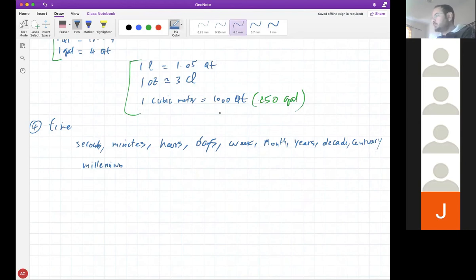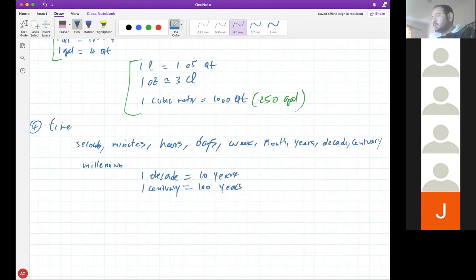So we know what each one of these is equal to, except maybe the last ones. We're just going to write them. A decade equals 10 years. 1 century is 100 years.